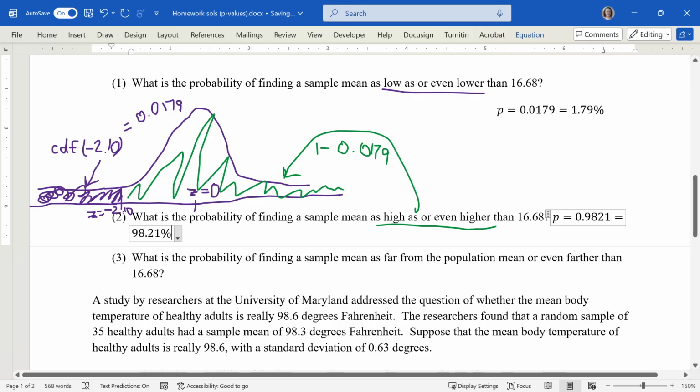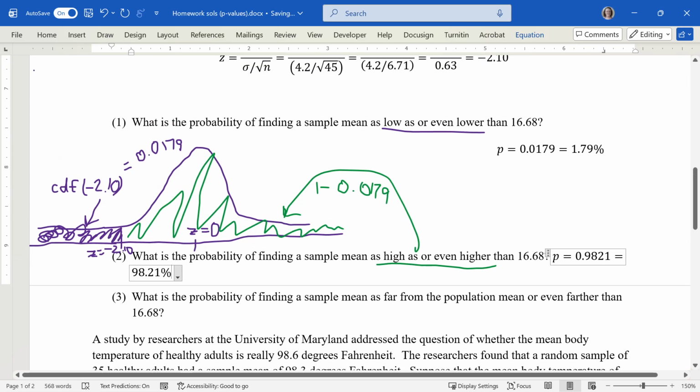Okay. So the probability of getting a sample mean as low as or lower than 16.68 was very small. And then the opposite probability, getting one as high as or higher than that, is very large.